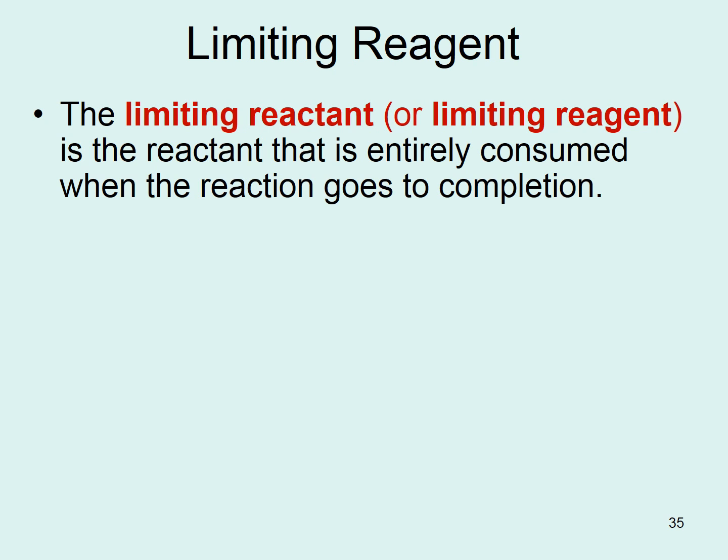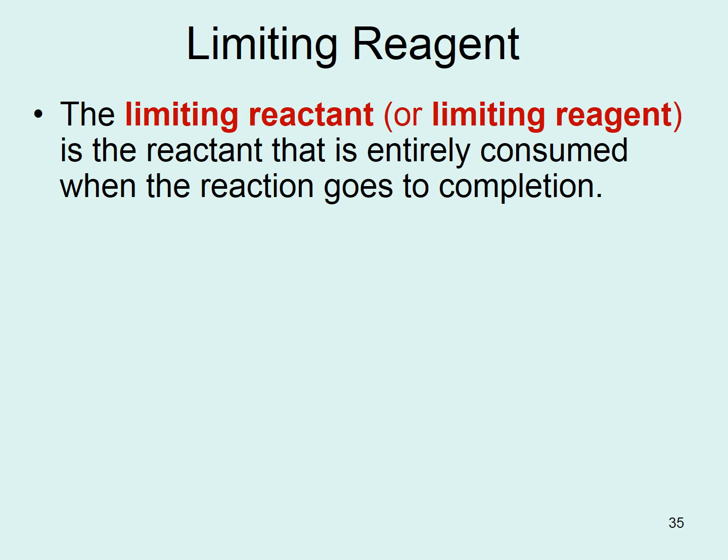So, what is the limiting reagent or limiting reactant? Well, it's the reactant that gets entirely consumed, gets used up when the reaction is finished, when the reaction goes to completion. Not every reaction has exact amounts of A and B. If you put the two things together, they don't always react exactly and use up both.